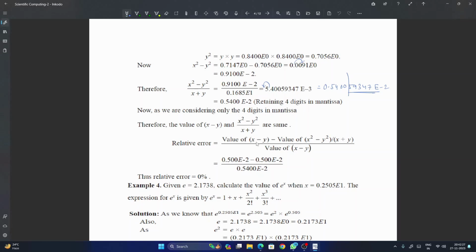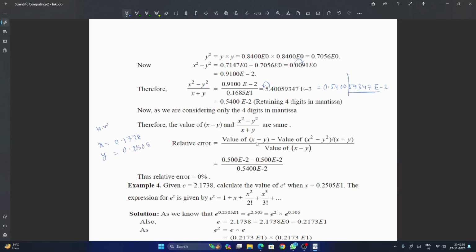But you can't say that for any number this value will always be 0. So you can take any two other numbers. For suppose x equal to 0.1738 and y is equal to 0.2505, as your homework.